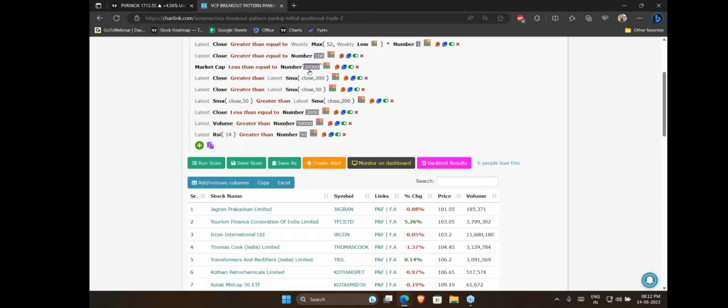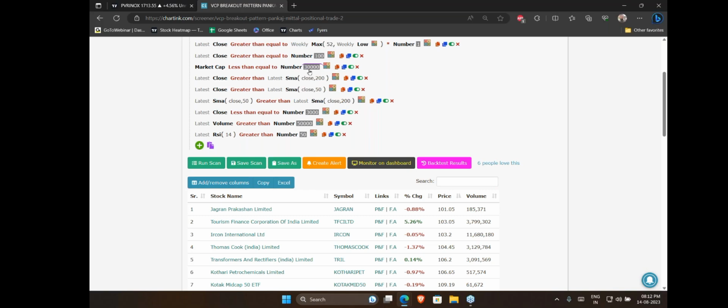So there are two reasons. First, focus on the small and mid cap, because multiple types of trading are possible in the F&O segment. Second, we want to avoid the F&O segment for positional trading.